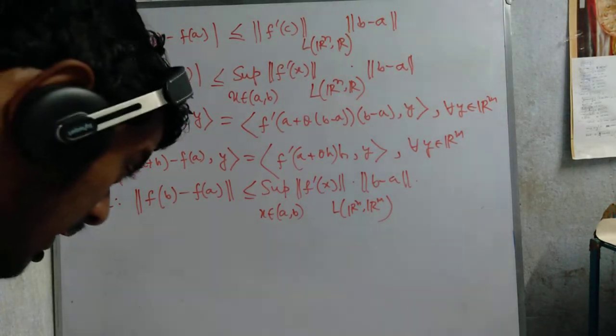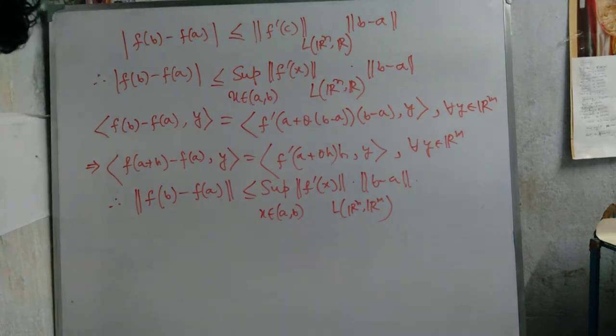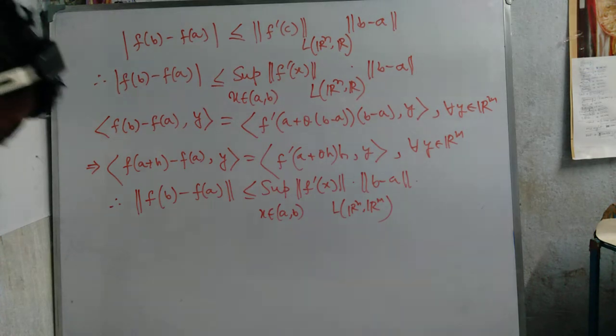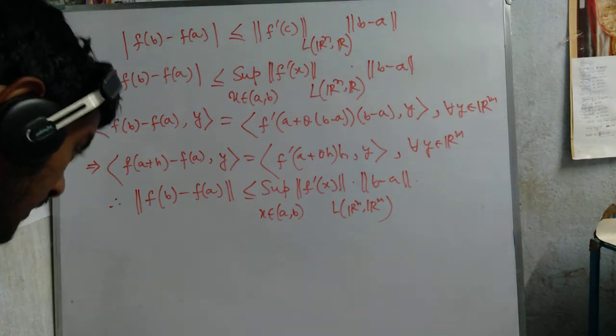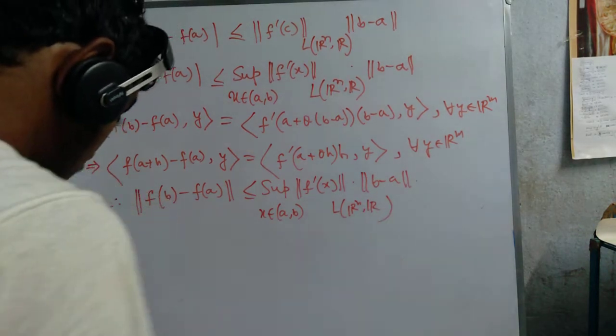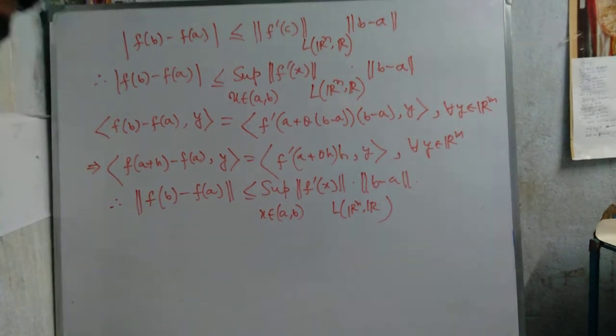If b minus a is less than or equal to this one, then this one is less than or equal to R. So we write here, oh sorry, here Rn is better, because Rm is discussed later.